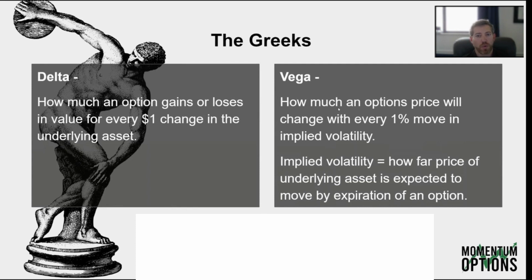We also need to know what the option's vega is. This is how much an option's price will change with every 1% move in implied volatility. Implied volatility is simply how far price of that asset is expected to travel by expiration day. Okay, so by expiration, market makers have an idea where price will end up, and they try to price that in.